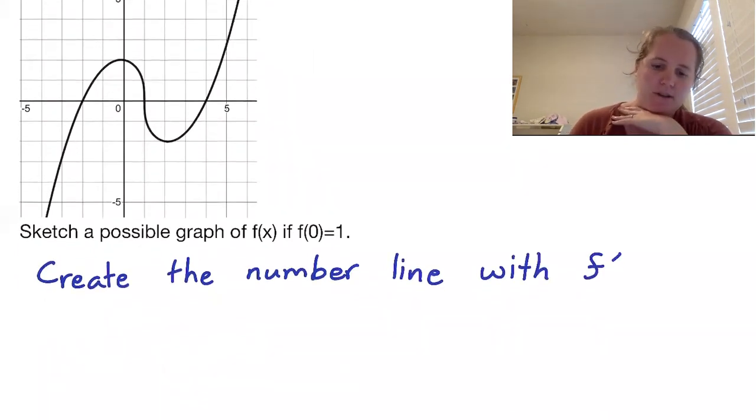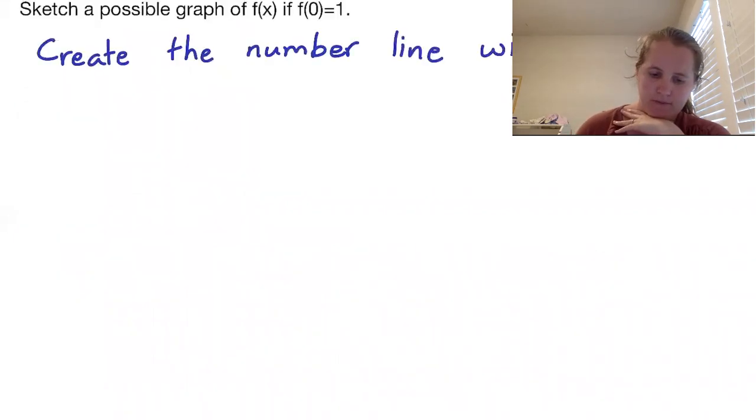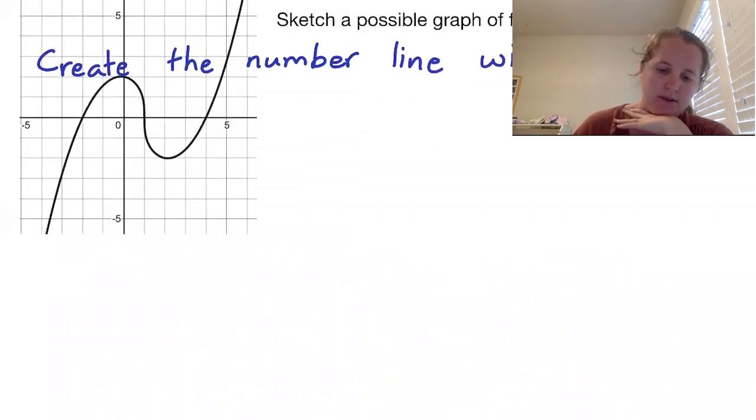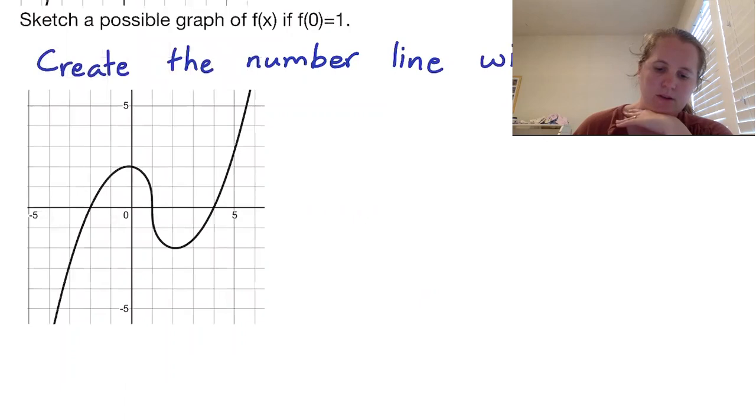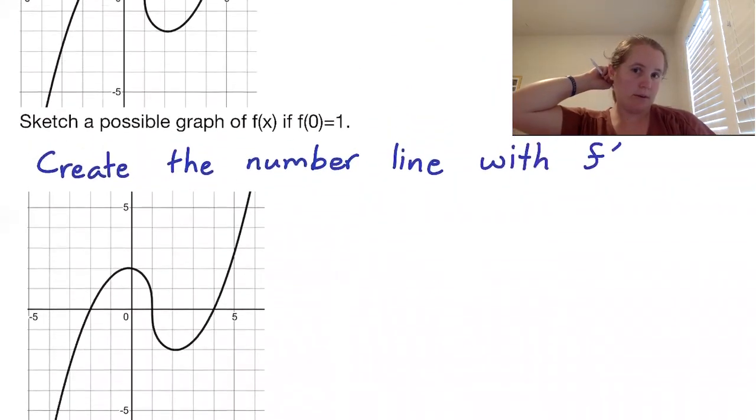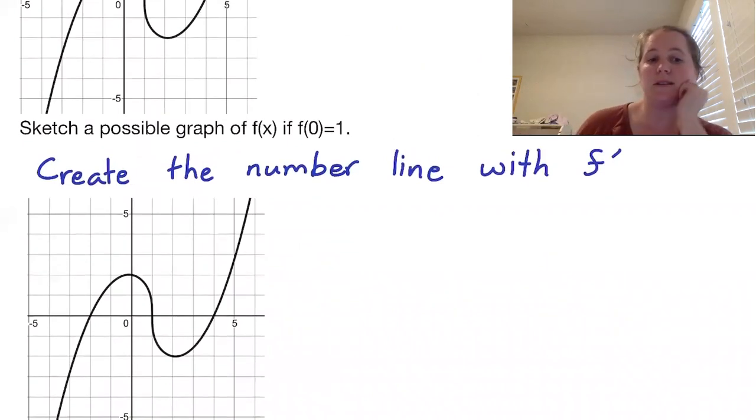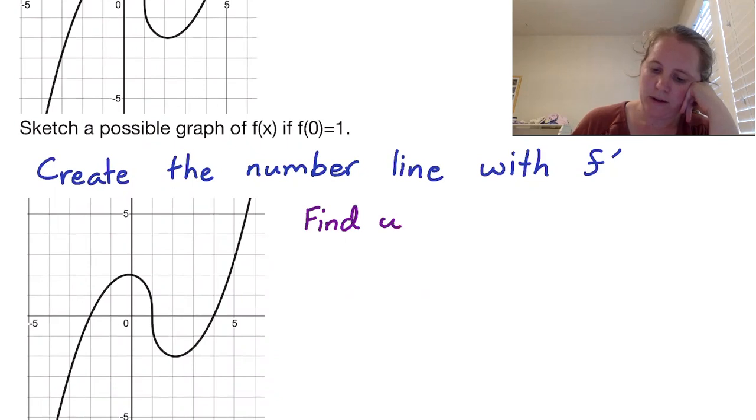I'm just going to copy this graph quickly and put it down below. So we need to figure out where f prime is equal to 0 or undefined first.